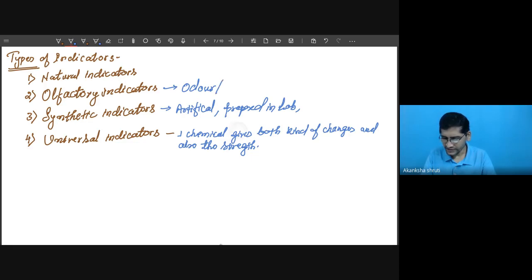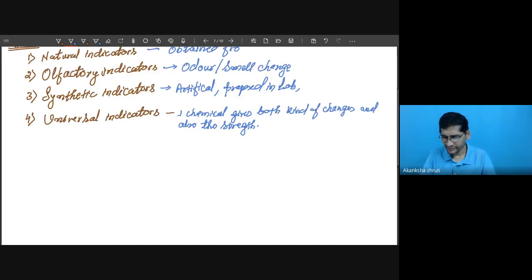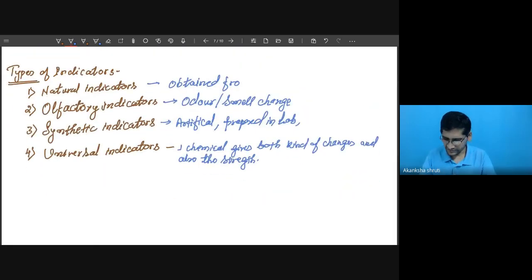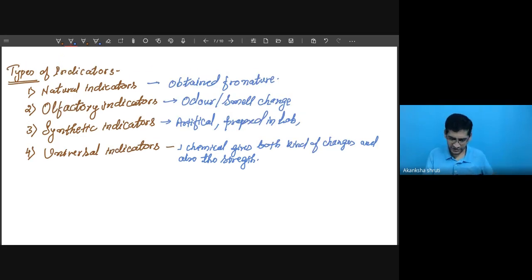Odor, if you do not remember, then smell you will remember very easily. Smell change. And natural, it is obtained from nature. Obtained from. So these are the names which are given.